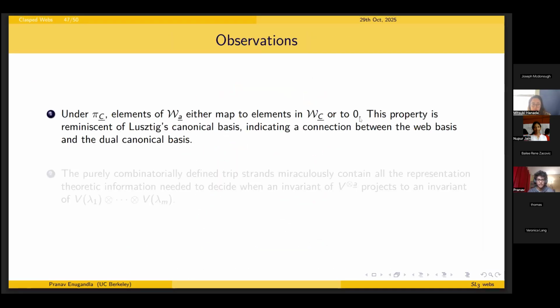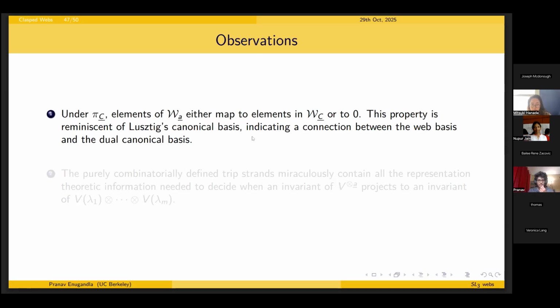Okay, a few things I should say about why this is an interesting basis is this property of this projection. I had these invariants for just fundamental representations given by unclasped webs, but then I have this projection which does the clasping.